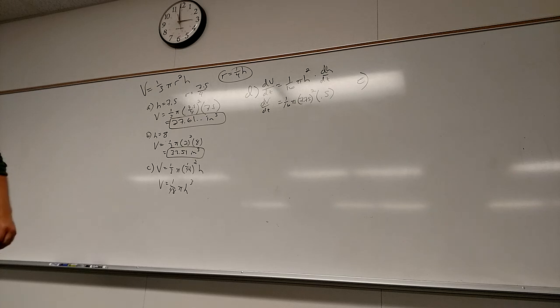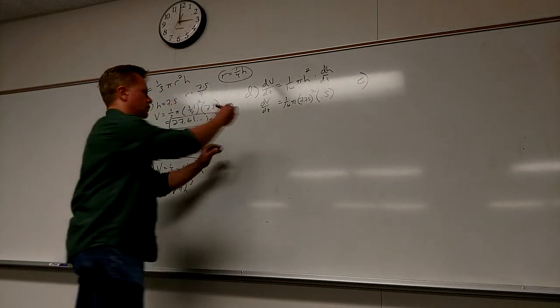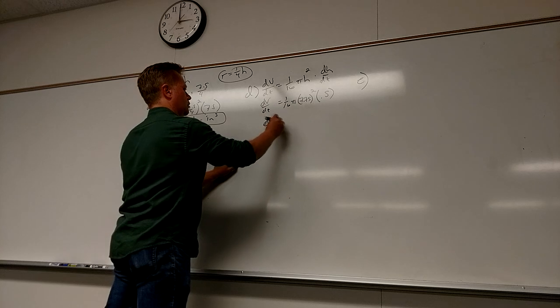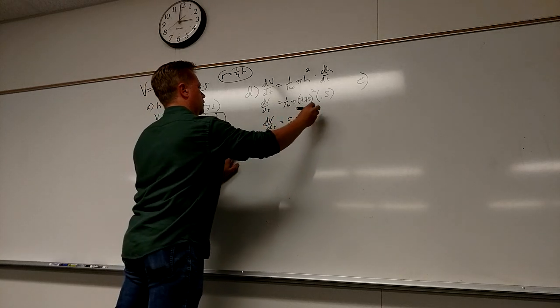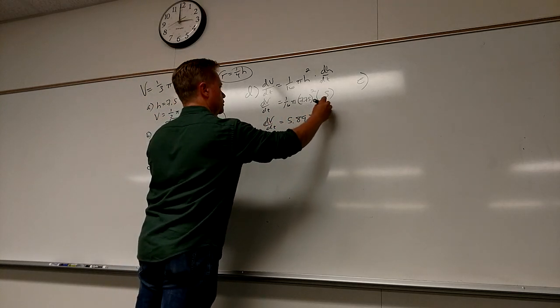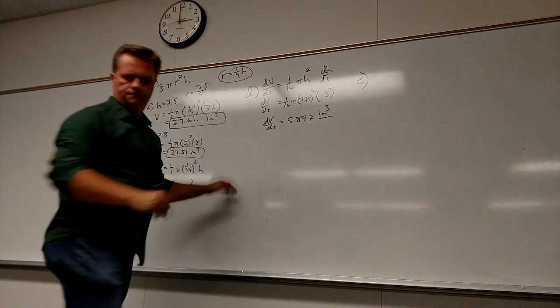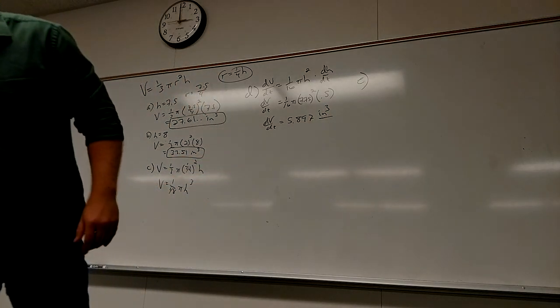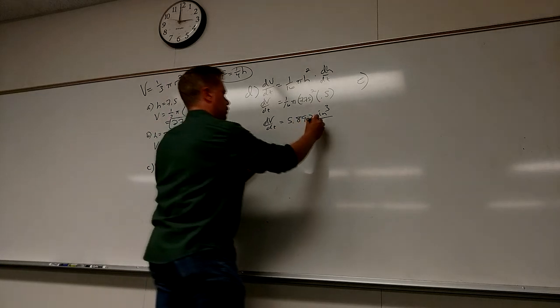Let's see. 7.75 squared divided by 2... 5.897? Yeah, I think that's what you said, right? What was it? Inches cubed per year? Yeah, per year.